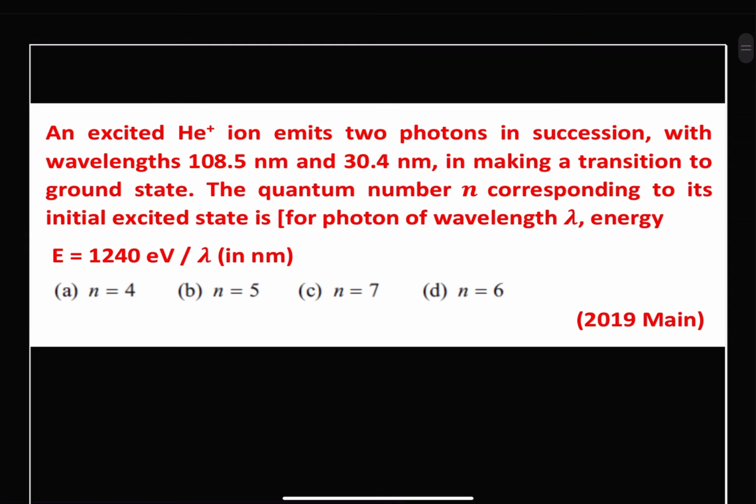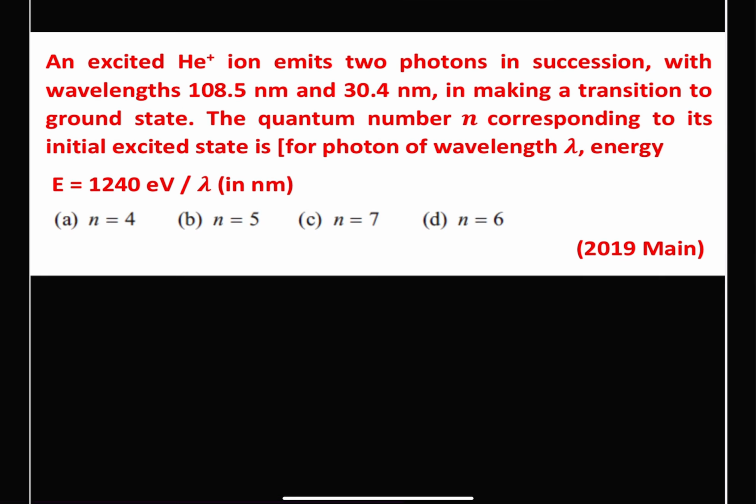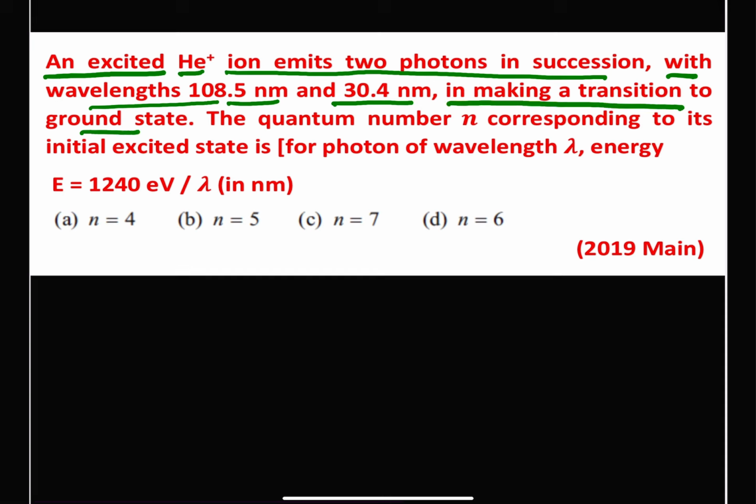It states that an excited He1 positive ion emits 2 photons in succession with wavelengths 108.5 nanometer and 30 nanometer in making a transition to ground state. The quantum number n corresponding to its initial excited state is. We are given that our energy is in terms of 1240 divided by lambda.